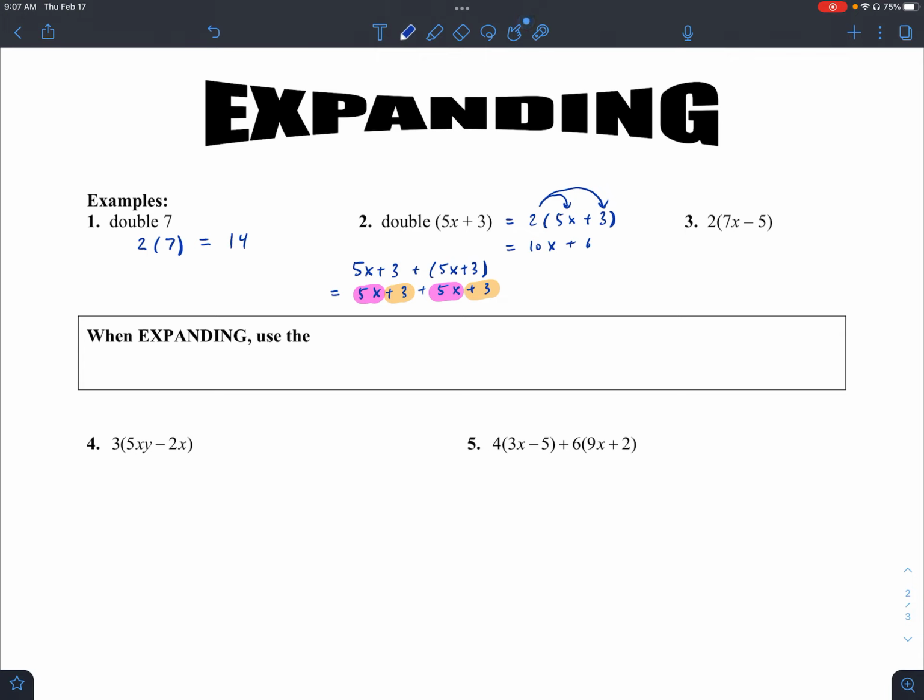When we collect them, we end up getting 10x, so 5 plus 5, plus 6. Okay, so the same thing as what we got before when we distributed. This is called distributing.